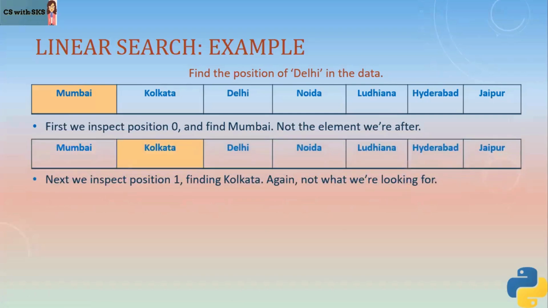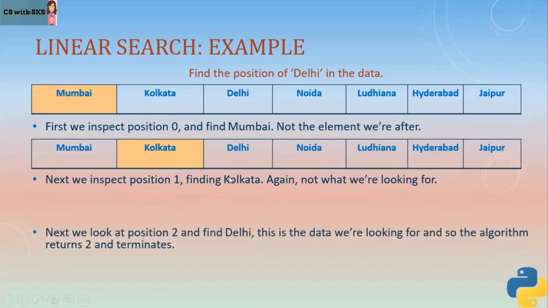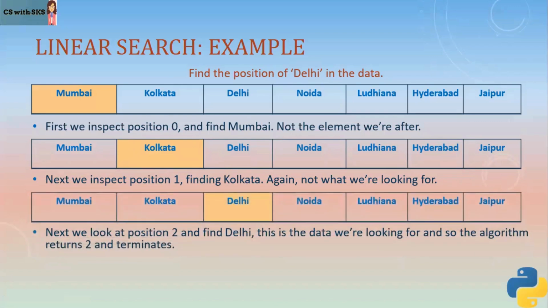Next, we inspect position 1. So we compare Kolkata with our search item, which is Delhi. However, this is not what we are looking for. So we move forward and we check at position 2. And when we compare this item with the item we are looking for, there is a match.